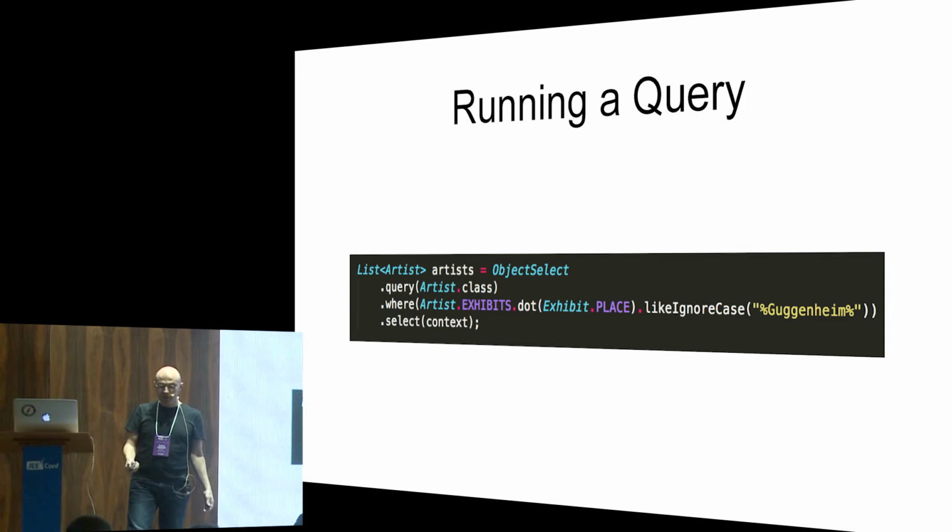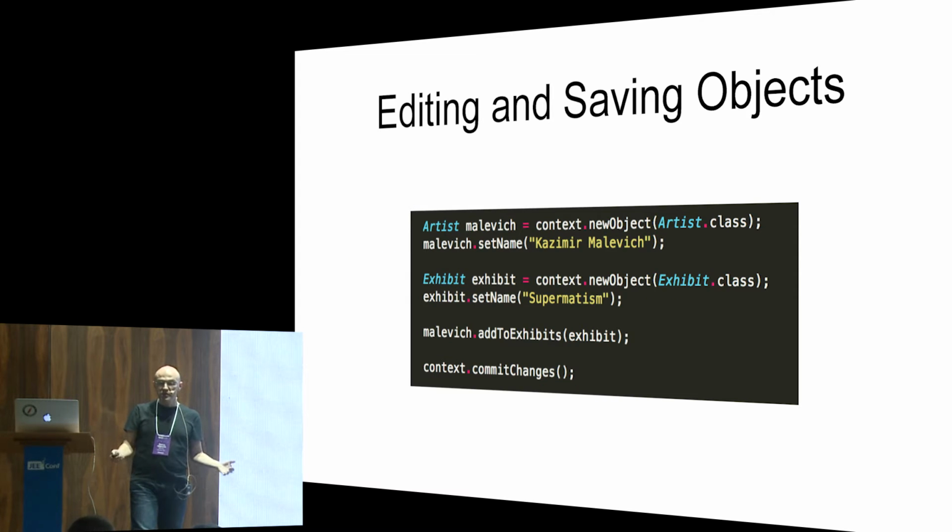So we ran the query, we created a criteria, even though on the slides I have a slightly different query, it doesn't matter, it really is the same thing. And then we also edited and saved objects, we created new objects, and of course if we start changing data and we just keep calling commit changes, it will save the deltas. It'll save all the changes.